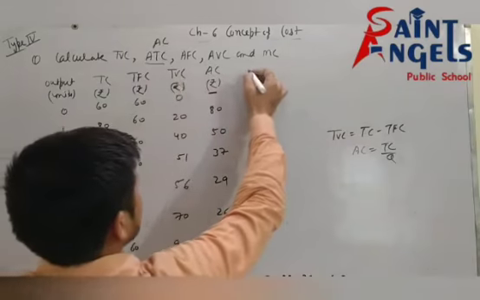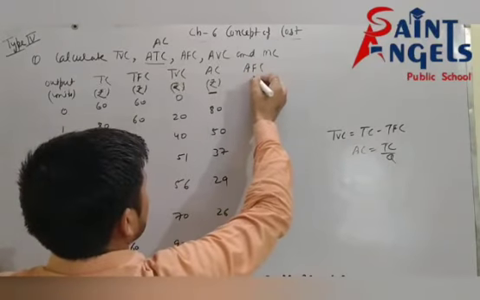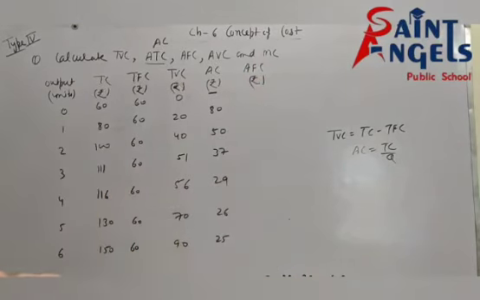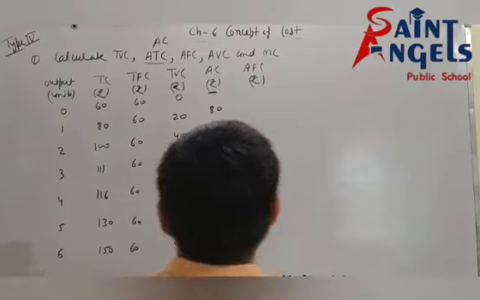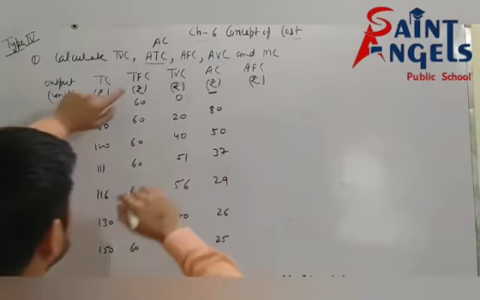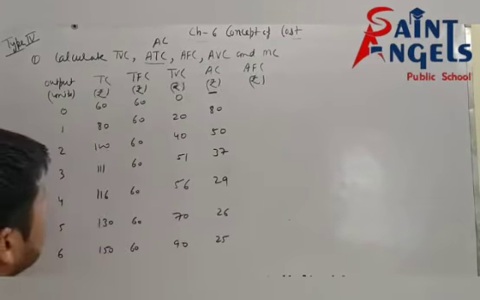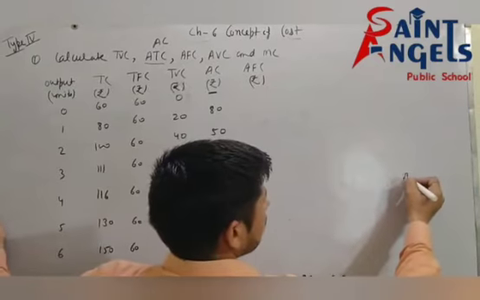Now after this, calculate AFC. See, how will you calculate AFC? Now, see here, TFC is here, Q is here, so I will use this formula.